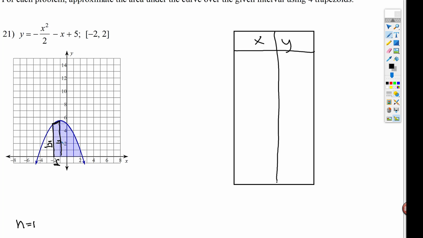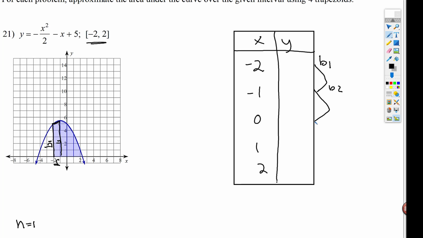So here's the tricky part. We're going to go from -2, so -1, 0, 1, and 2. So the tricky part will be when you plug -2 into this function, for the first trapezoid, this will be base 1, and then this will be base 2.